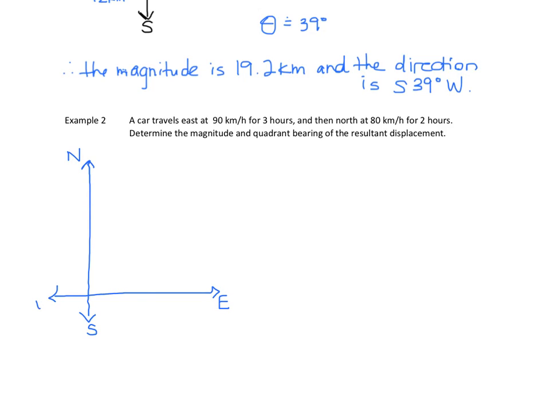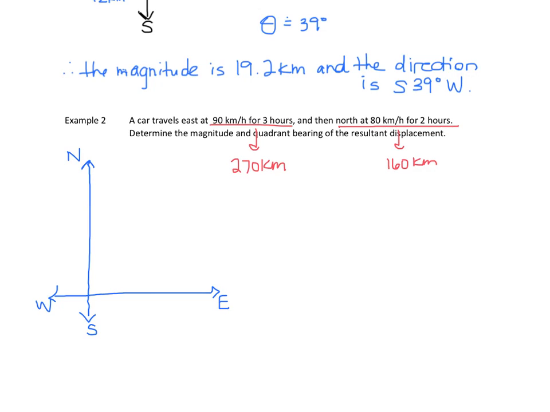So, what I mean by that is, if a car travels 90 kilometers per hour for 3 hours, that means that car has driven 270 kilometers. And then north at 80 kilometers per hour for 2 hours means the car has driven 160 kilometers north. So once we figure that out, this is the same type of question.